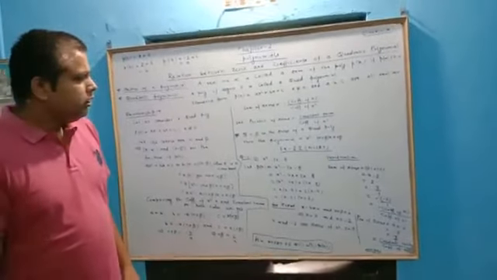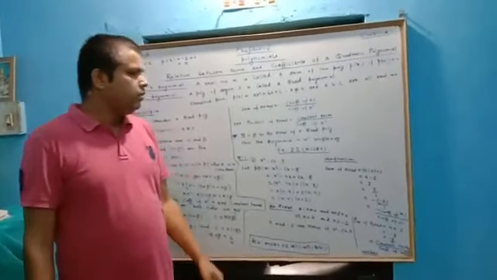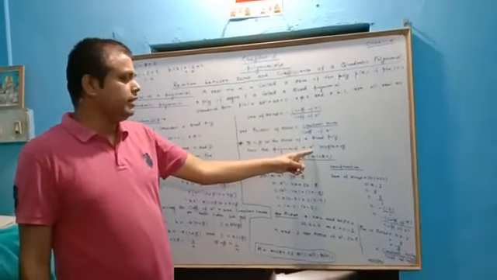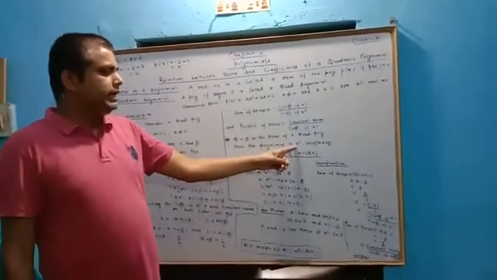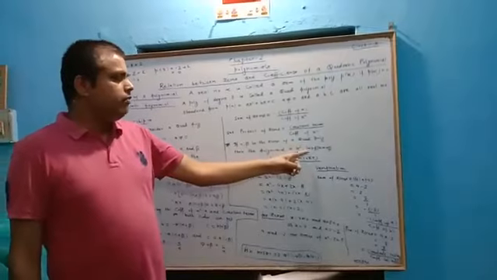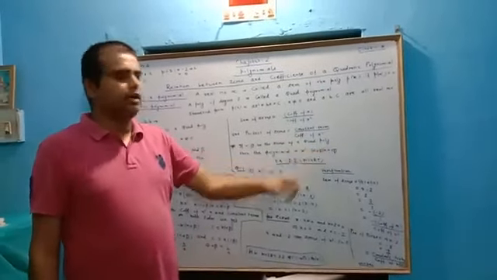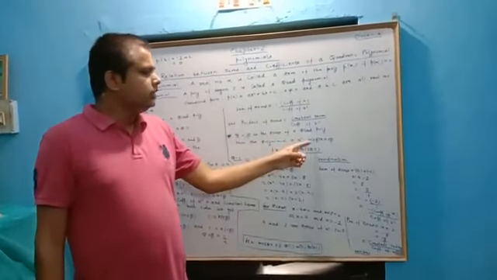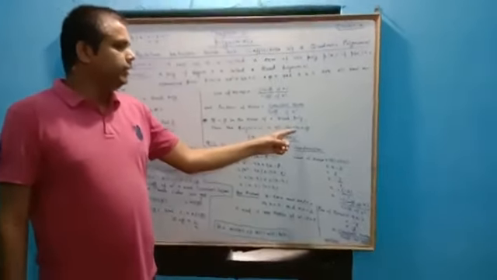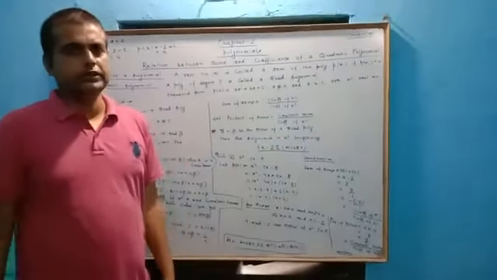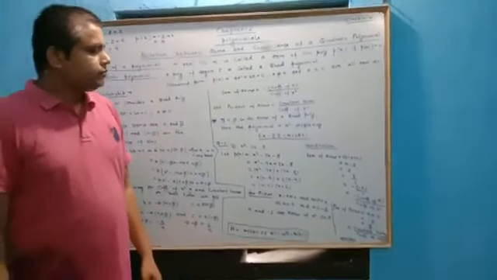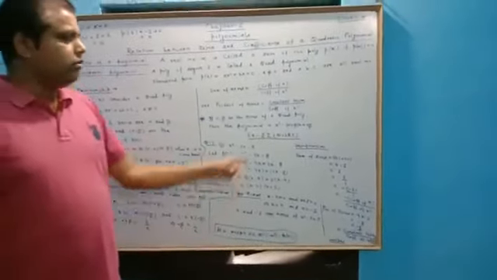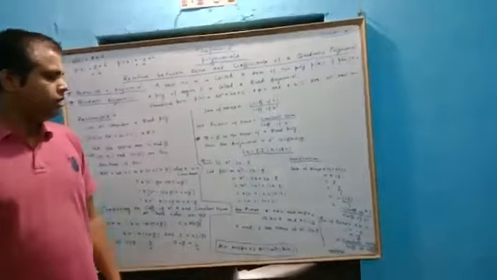For this we can take help of the formula for the formation of a quadratic polynomial, that is x square minus (alpha plus beta) into x plus alpha beta. That means x square minus sum of zeros into x plus product of zeros. This is the formula for finding a quadratic polynomial.